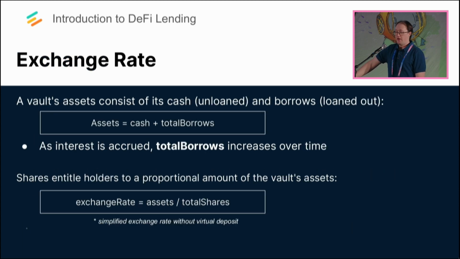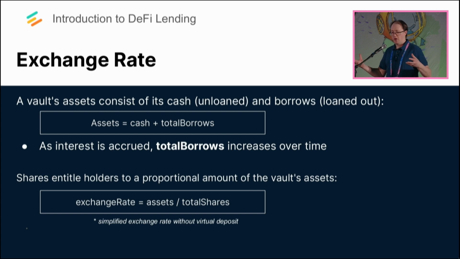How do you figure out that quantity of underlying asset? It's based on the exchange rate. The exchange rate is simply the ratio of the assets of the pool to the total number of shares. The assets of the pool have two components: the cash, which is what the vault actually owns in terms of token balance, and the total amount that's been borrowed out.